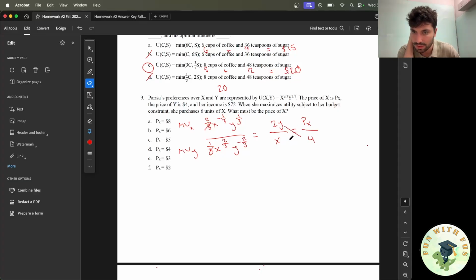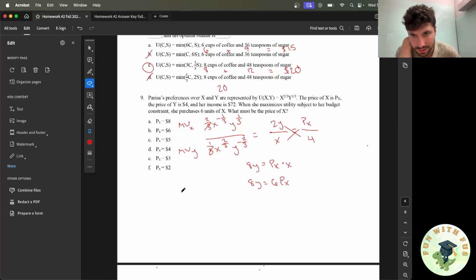And with a little cross multiplication, we get 8y equals the price of x times x. Okay, we have to make sure to keep our x. And we are told that we are purchasing 6 units of x. So we are told that 8y is equal to 6 price of x.